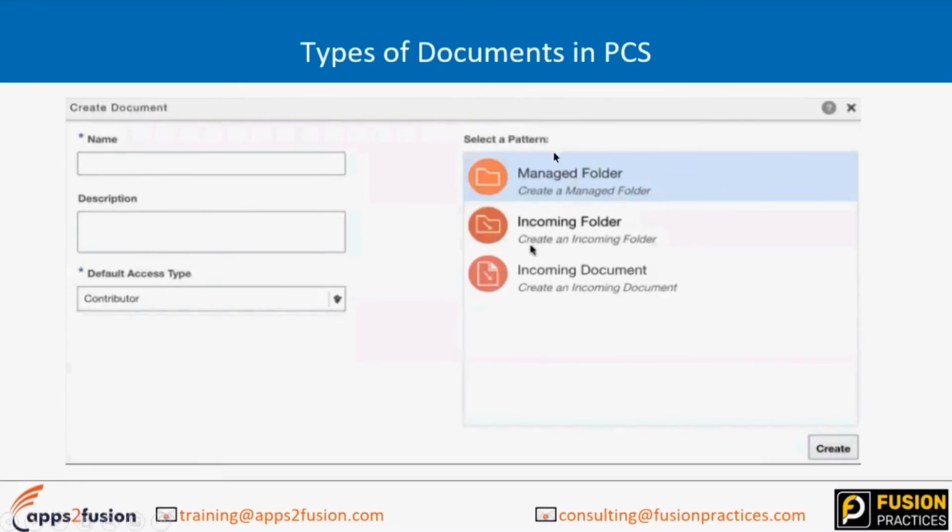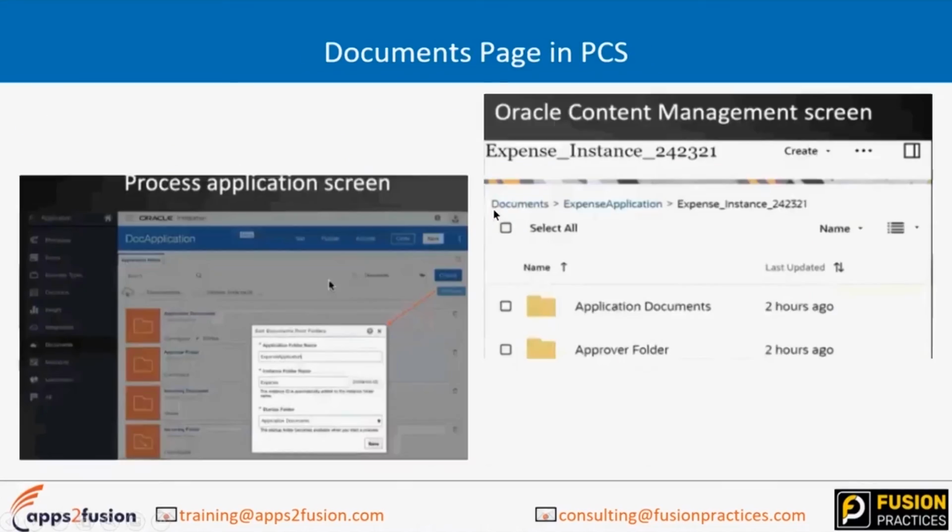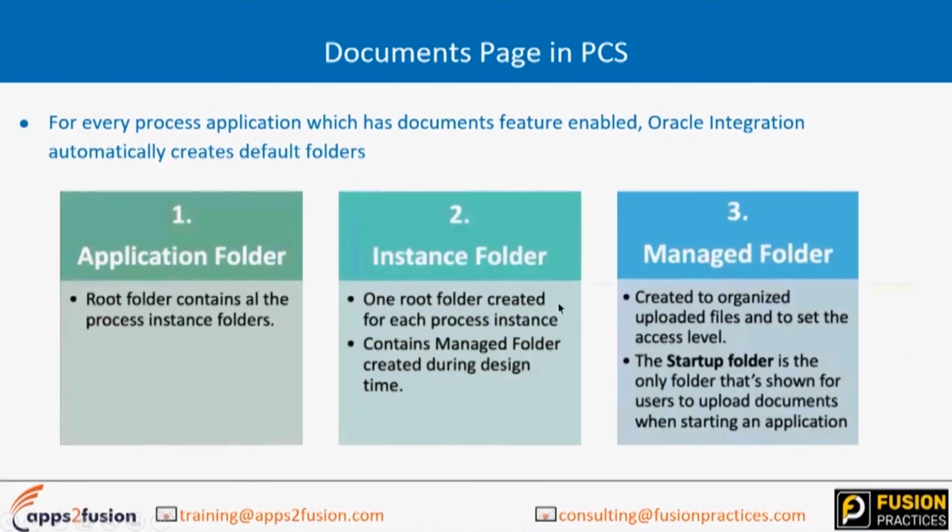So we can create these three types: managed folder, incoming folder, and incoming document. Incoming document gives you a flexibility to start an application when a document is uploaded. An incoming folder gives you flexibility to start the approval process when a folder has been uploaded. And this managed folder is the one which has a flexibility of organizing your documents as discussed over here.